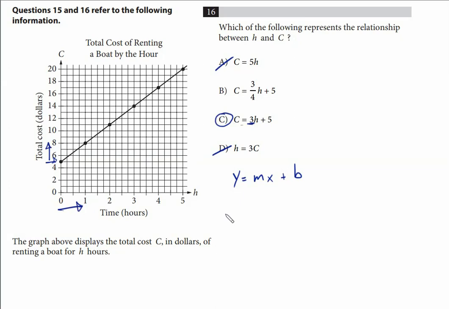Now, breaking this down, slope-intercept form, what are the parts of this equation? y, which is the value on this axis, is equal to the slope times the value on the x-axis plus your intercept.